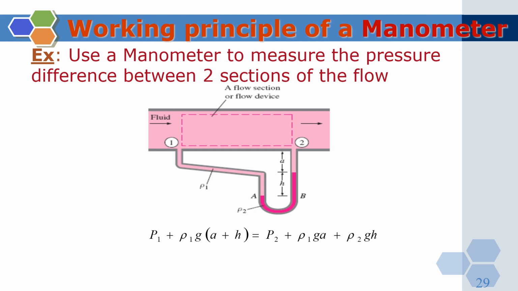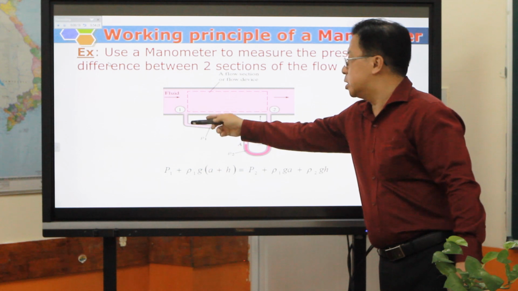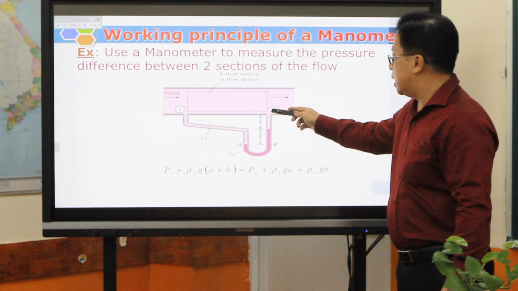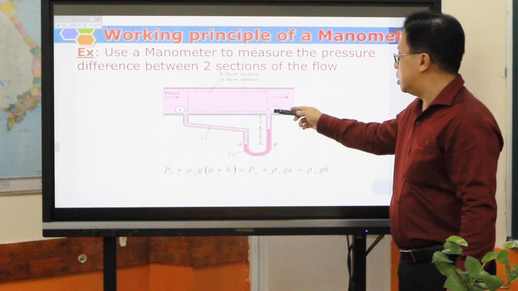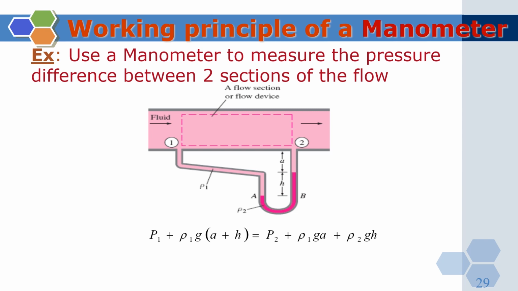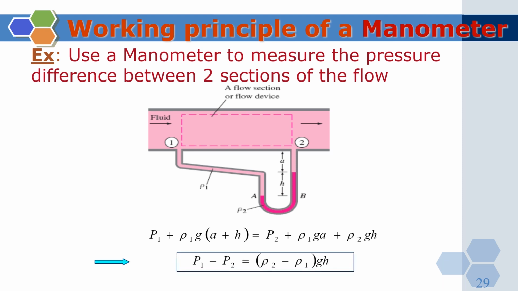We use a manometer with one tube plugged into point 1, and the second tube we put in point number 2. So the difference between these 2 points will be measured by the manometer. Okay.